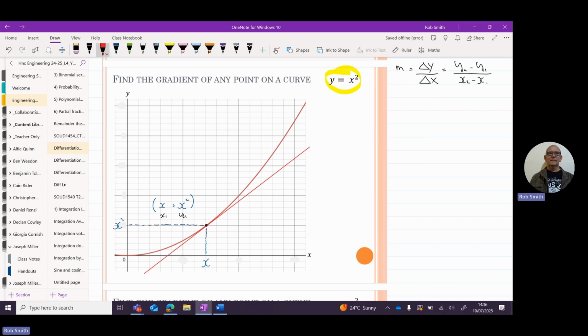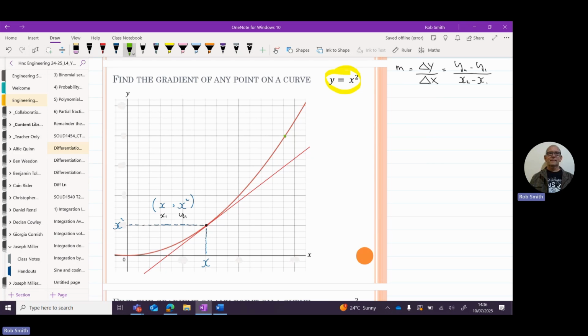Because I don't know any of these values here, but I do know the relationship on the curve, I'm going to put another point up here as an estimate. I'm going to put this green point in here. I know this is on the curve, and this is on the curve, so it's going to make life a little bit easier.